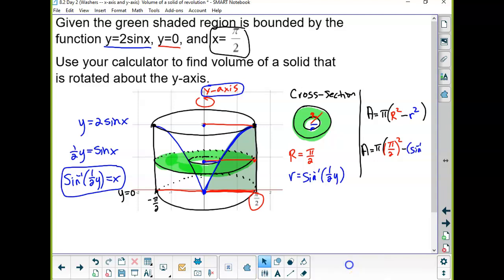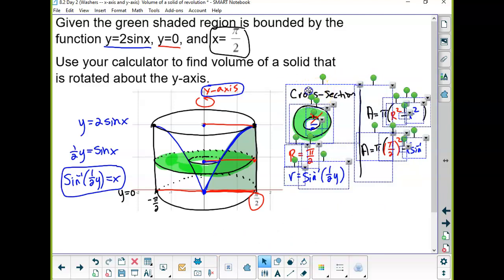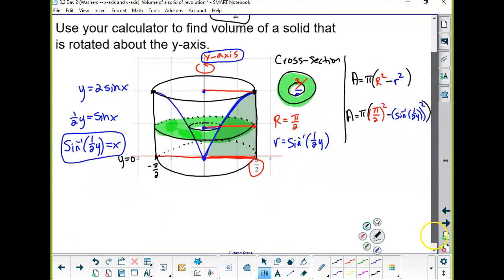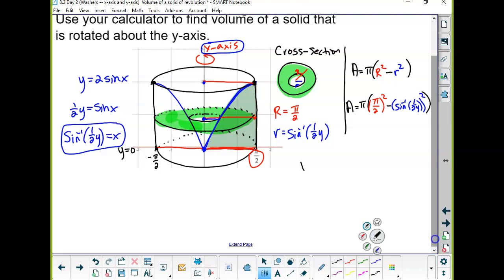I need more room. And then we can write our volume, which is just that area expression put into the integral.